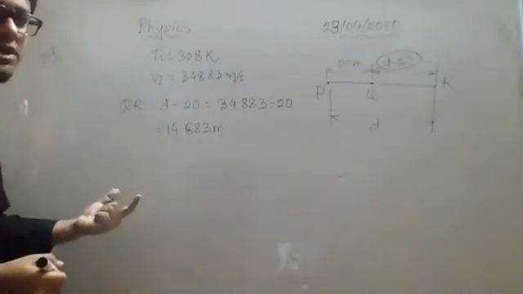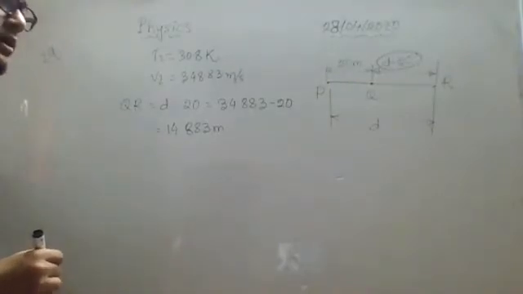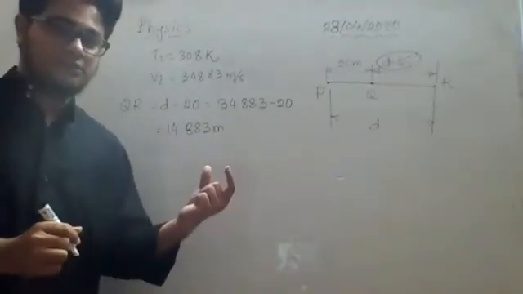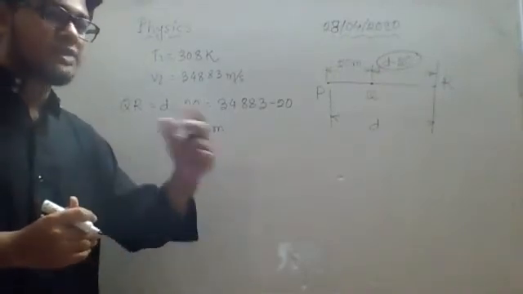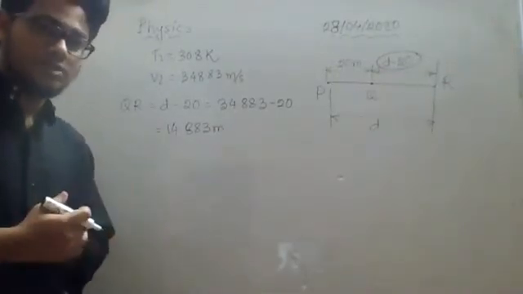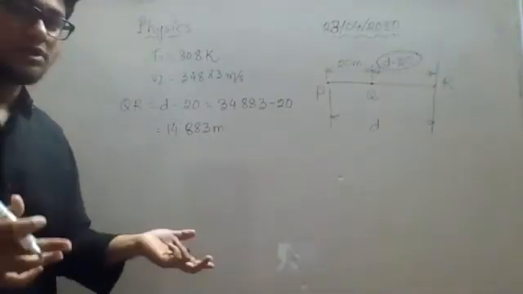From here itself we can say it is not possible to hear the echo at point Q. Why? At 0 degrees Celsius itself, the minimum distance required is 16.5. Now the temperature is higher, so a bigger distance will be required. Since it is already less than 16.5, he will not hear the echo.